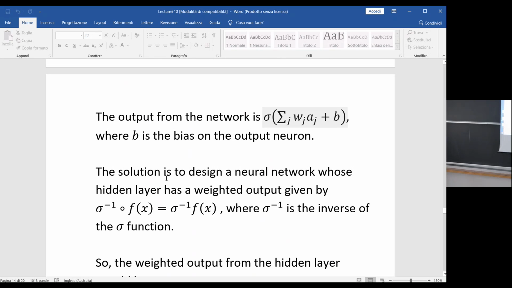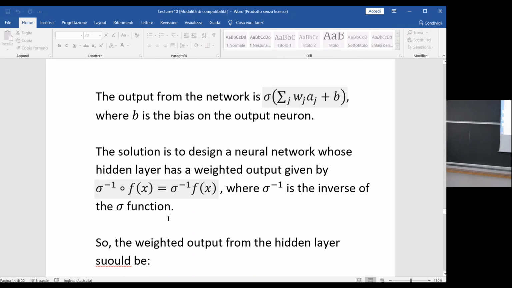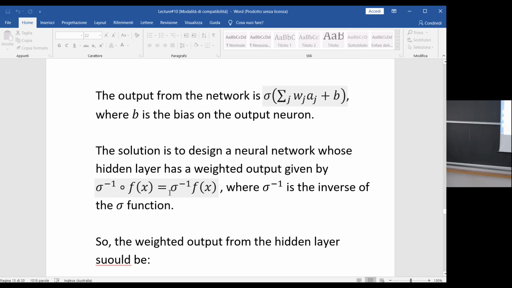So the solution is to design a neural network whose hidden layer has a weighted output given by sigma inverse applied to our function f of x, which we need to calculate.